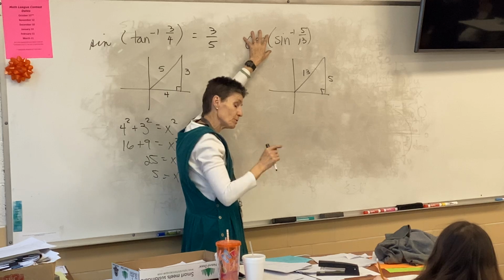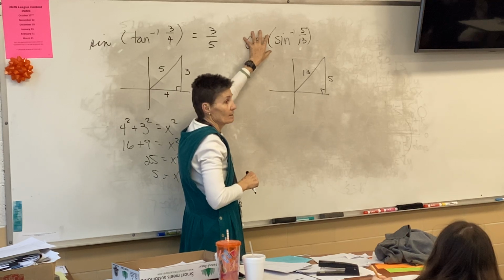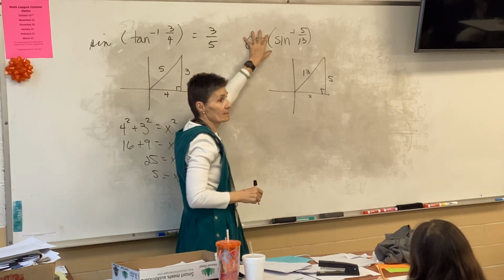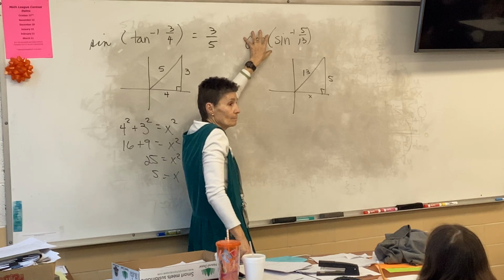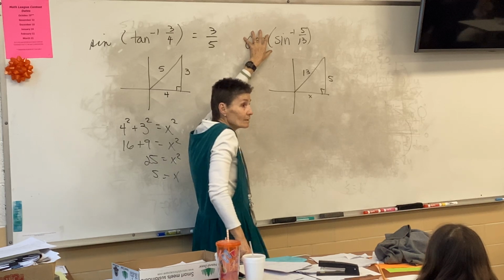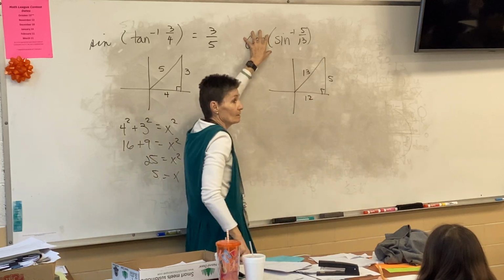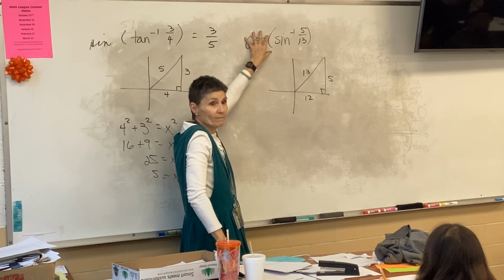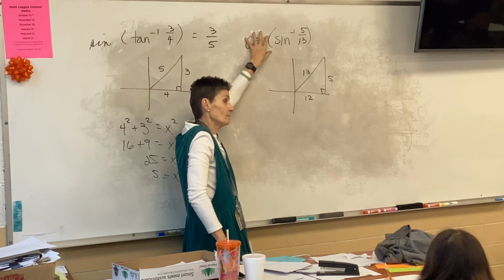All right, now you do the Pythagorean theorem this time, and let's all get it right. Do the Pythagorean theorem to find your missing side. Vanessa says 12, I think she's right. 169 minus 25 is 144, the square root of 144 is 12. Beautiful.